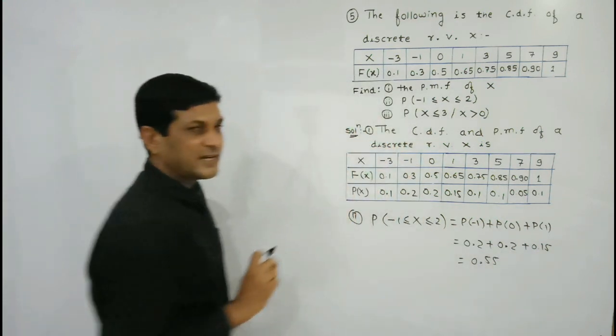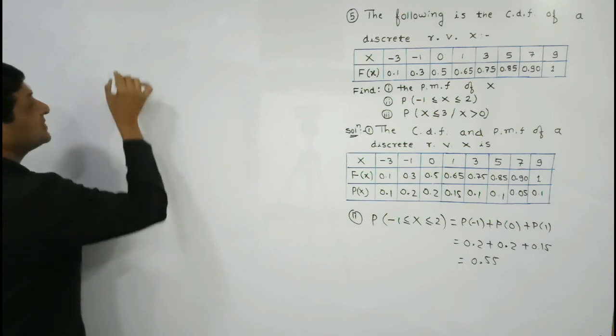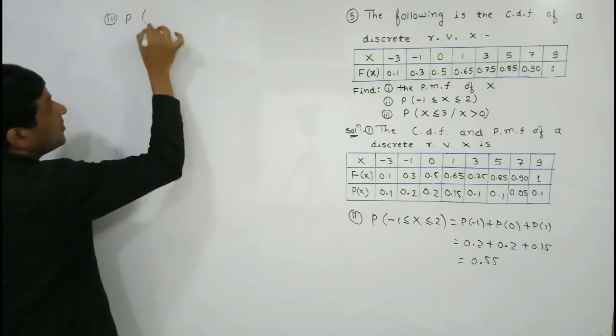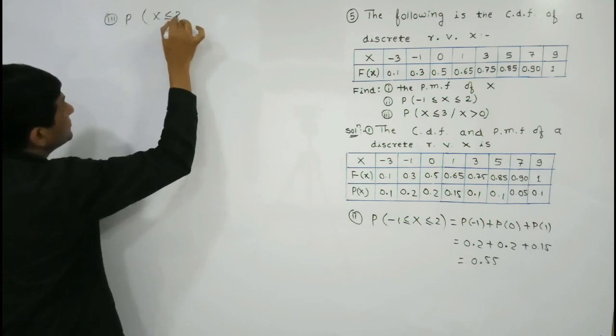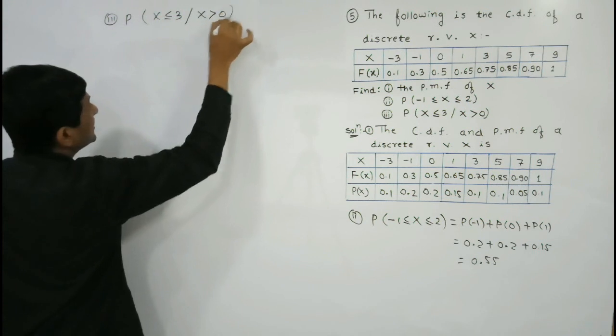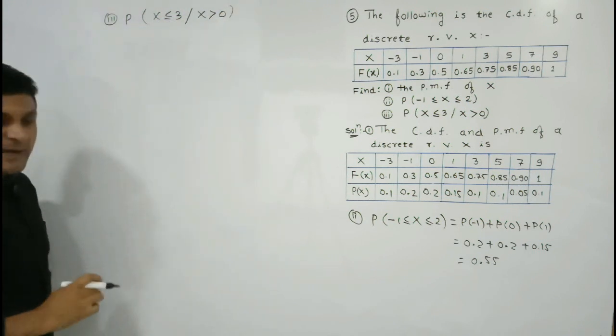Now let us try to find out the third required value. In this case we have to find the probability of x less than or equal to 3 given x is greater than 0. So this is called conditional probability.